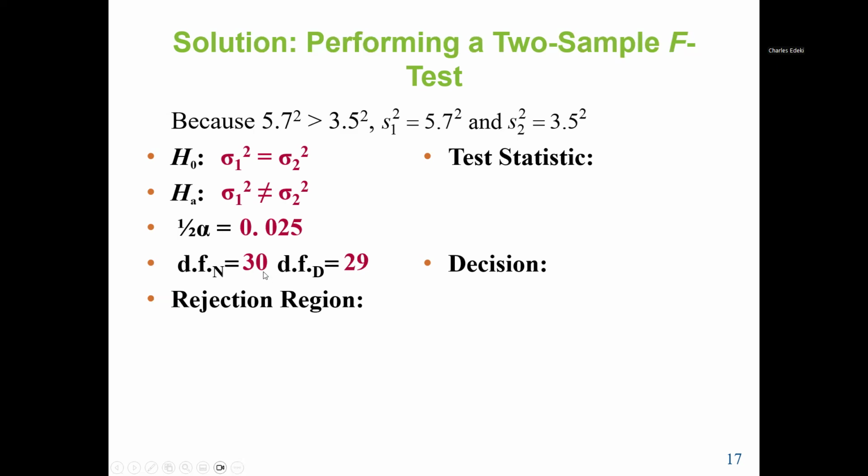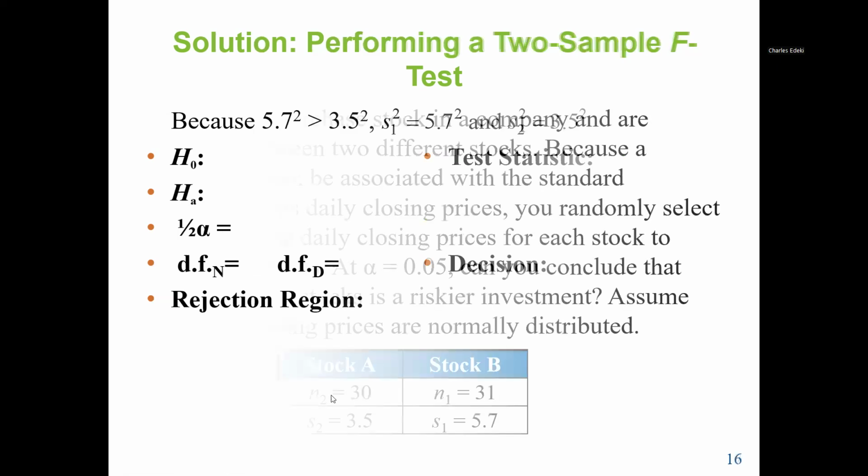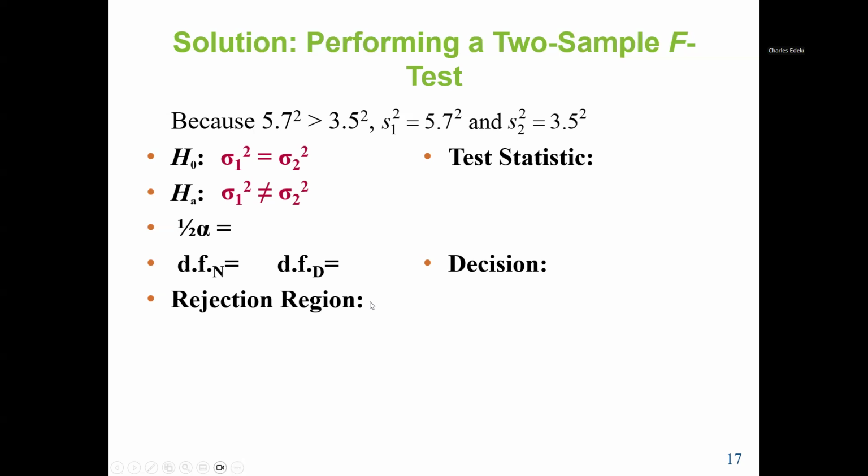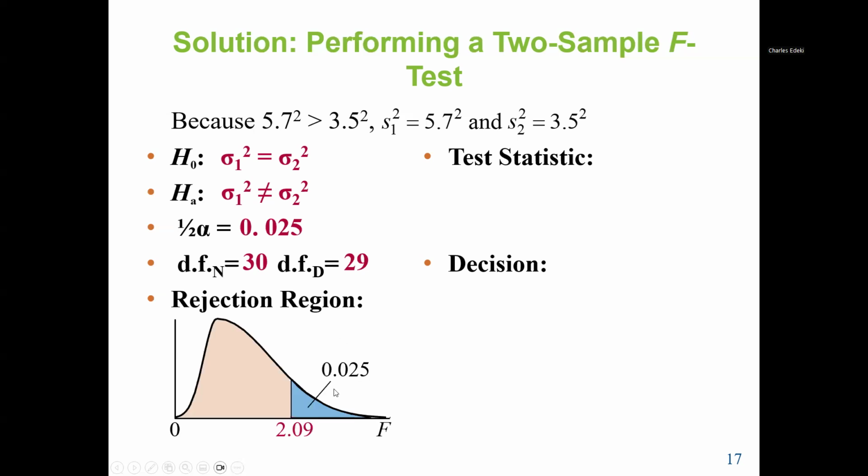The sample sizes were 31 and 30. Let's look at the table. So 31 minus 1 and 30 minus 1, we get 30 and 29. With these degrees of freedom for numerator and denominator, we can find the critical value. The critical value was 2.09 from the table.